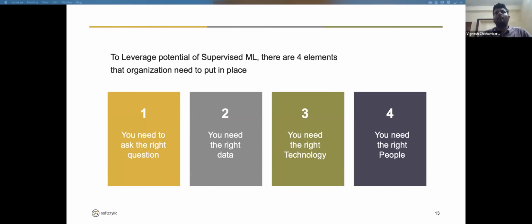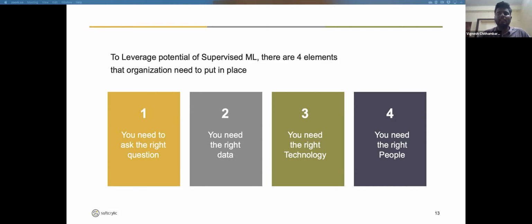Second, you need to have the right data. In terms of data, I think we have come so far. 90% of the data which is available in the world was produced in the last 2 years. Even though we have tons of data, we need complete and clean data to answer the question which we are trying to solve or the solid hypothesis which we are trying to test.